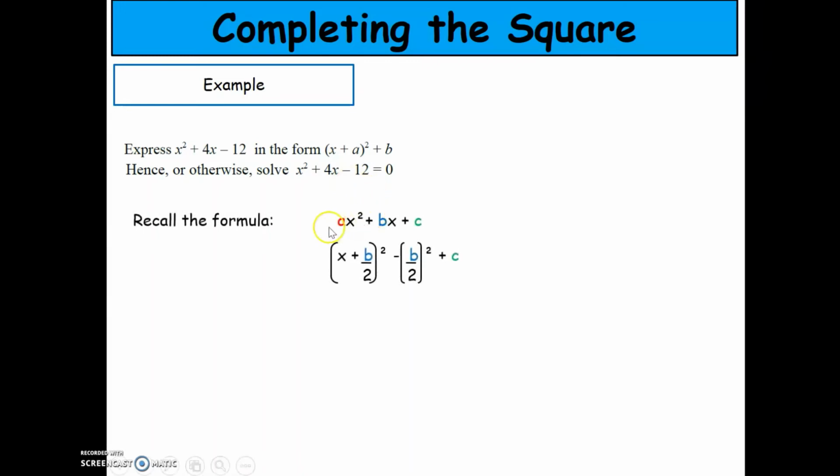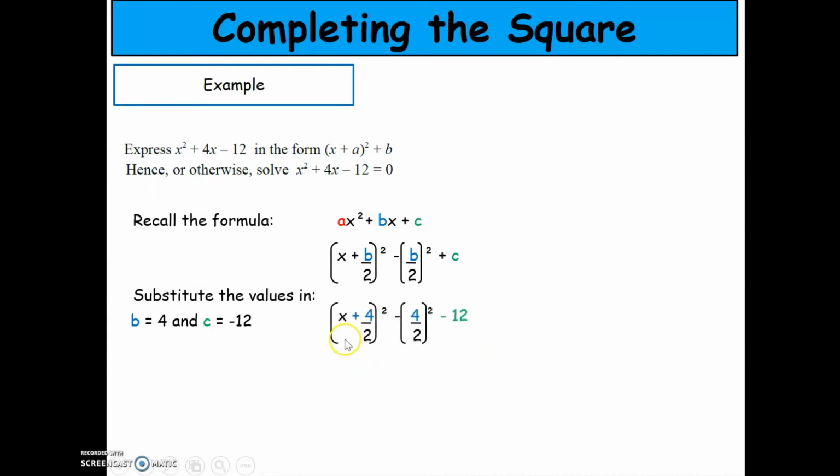So again, if we are going to start with our formula, and if we identify A, B, and C, so A must be equal to 1, B is equal to positive 4, and C is going to be minus 12. And we are going to substitute B and C into our formula here, as we have just done before.